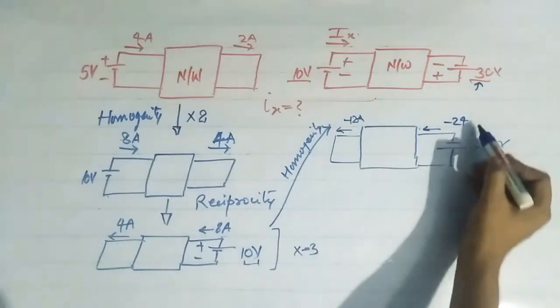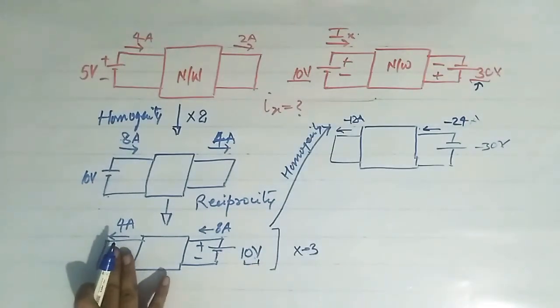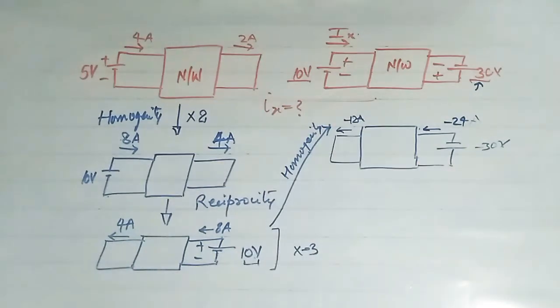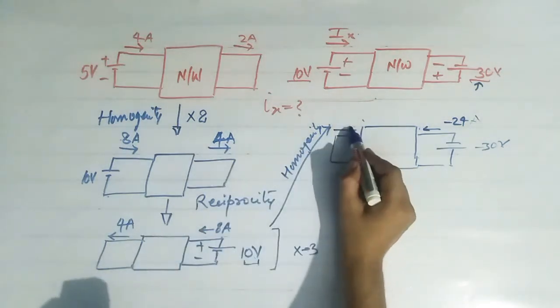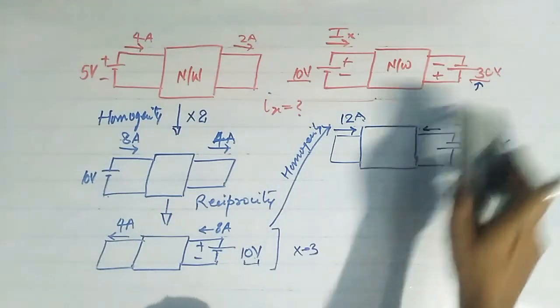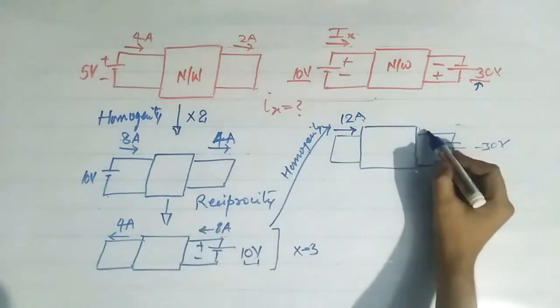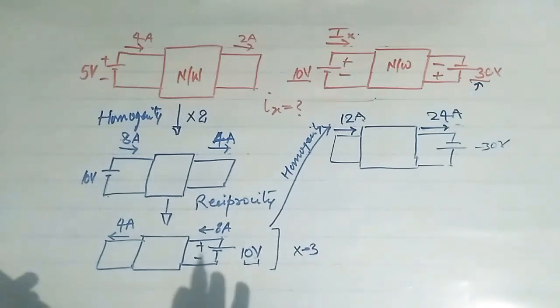Here -12 means the direction of current is opposite, but we are retaining the direction of current, that's why this negative sign is placed here. So we can also write -12 ampere as 12 ampere, and this 24 ampere we can also write like this. Here we have removed the negative sign, so there is no difference between these two representations.